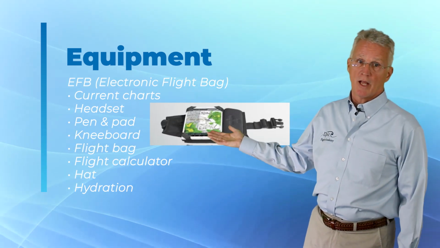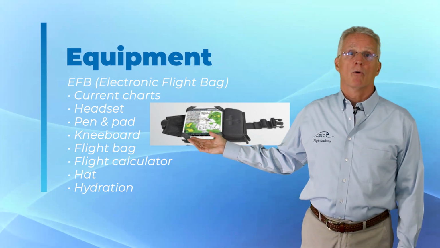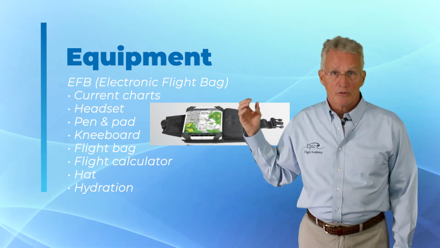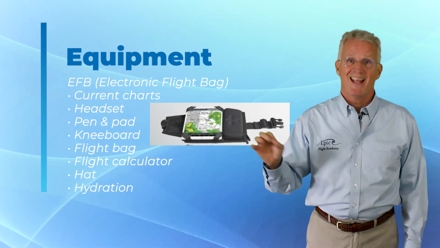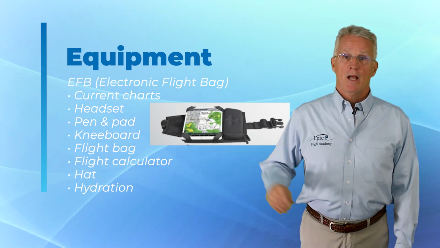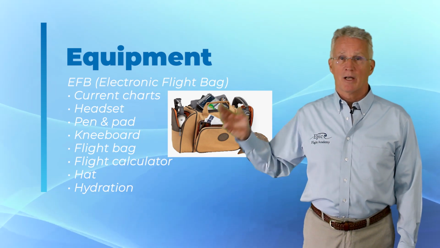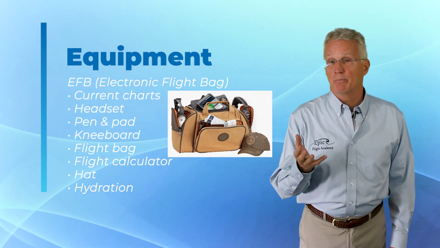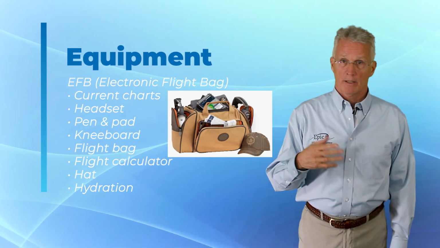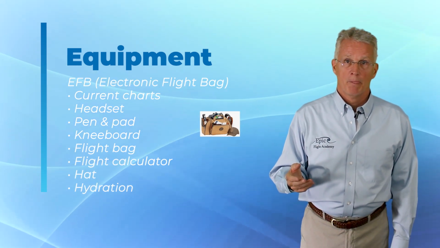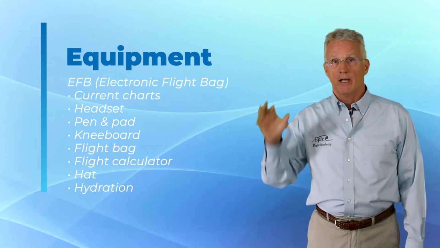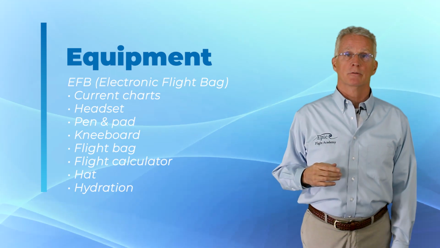You can see in the example here, we're showing a knee board. That allows me both to hold my iPad and have a place to make notes. I've got a nice flight bag here to put it all in. I'm going to have my E6B flight calculator or my electronic flight calculator. I might have sunglasses and a hat with a bill to protect my vision.